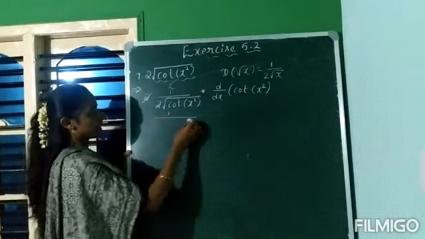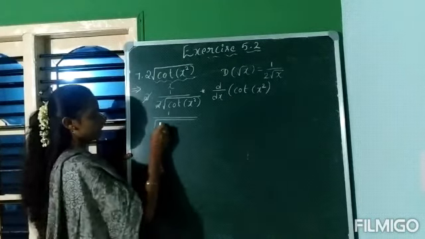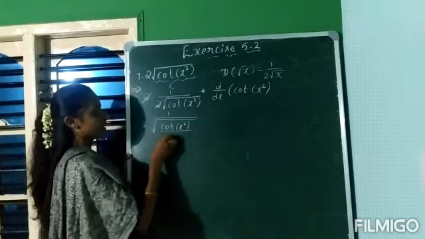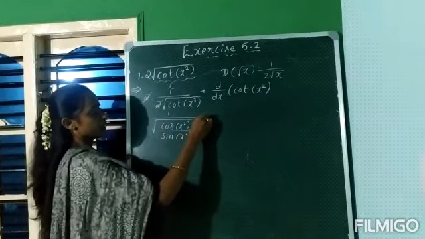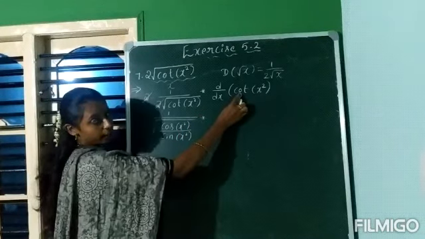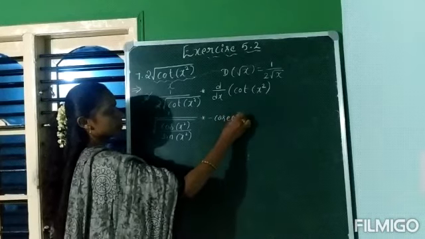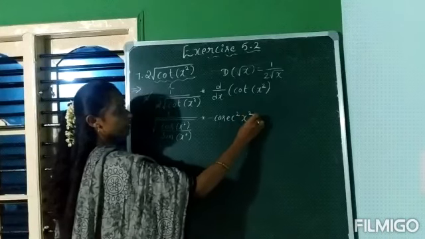1 divided by, cot can be written as cos by sine, right? So cos x square divided by sine x square. Now the derivative of cot is minus cosecant square. Here for the variable you need to write the inner function, that is x square.